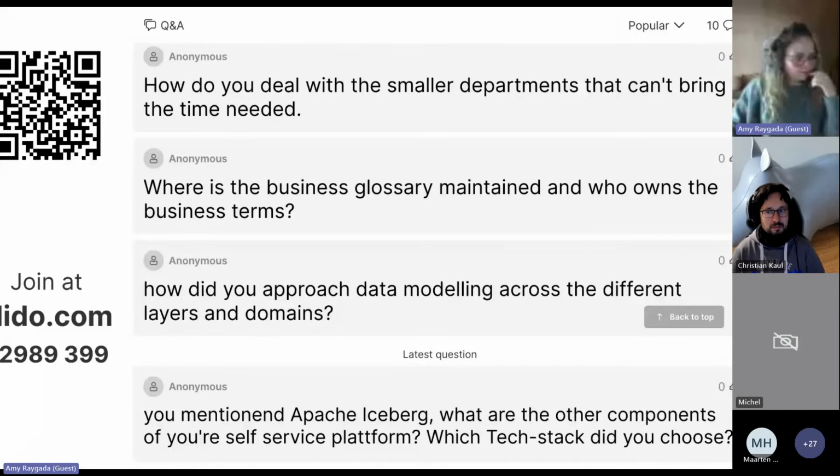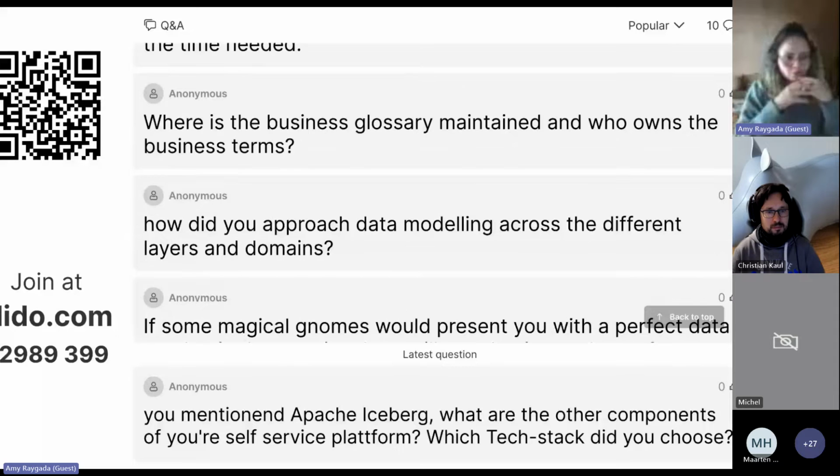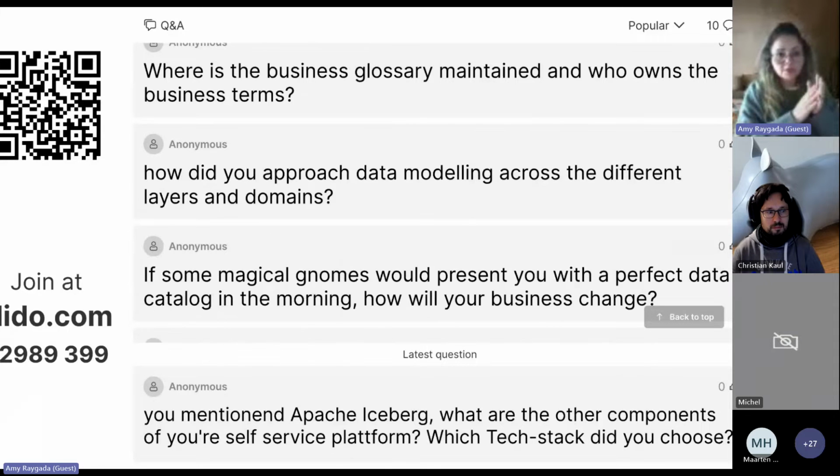How did you approach data modeling across the different layers and domains? We're using dbt. Actually, we're moving to Data Vault now. We started with just a normal Kimball approach, but now we are into Data Vault. I think the engineers finished with that already maybe one month ago or something.